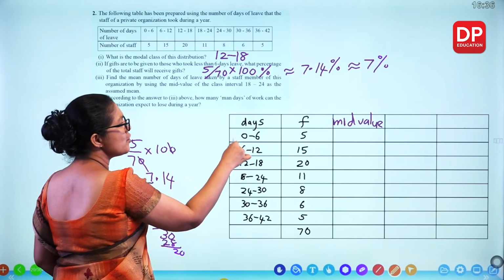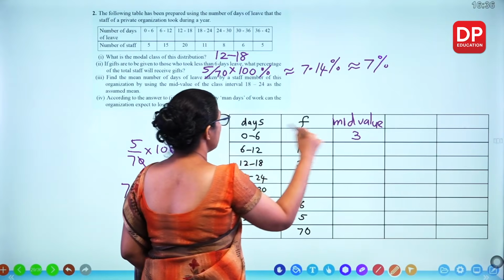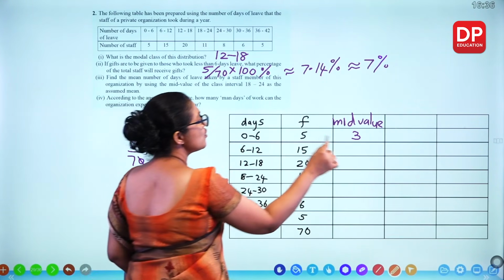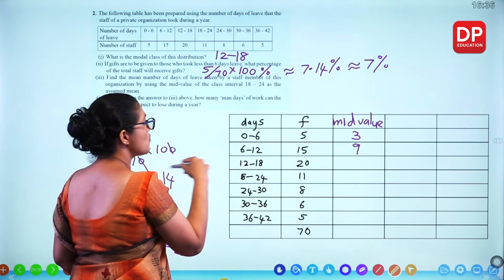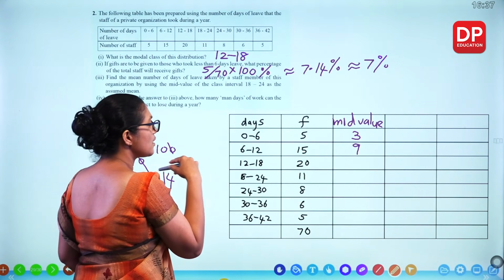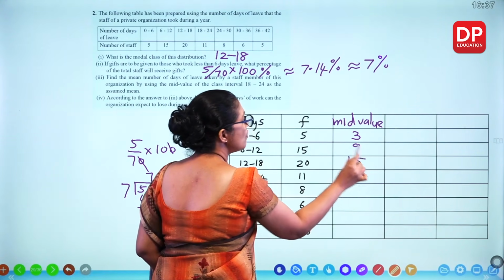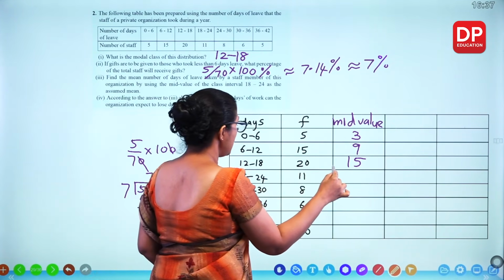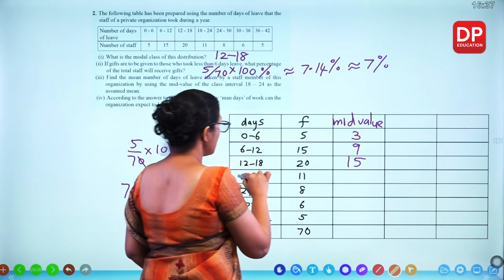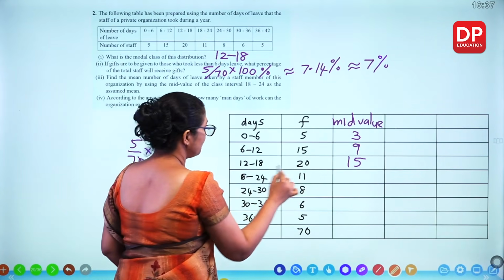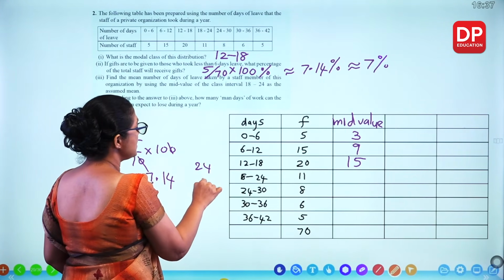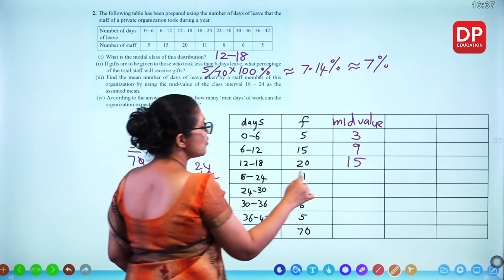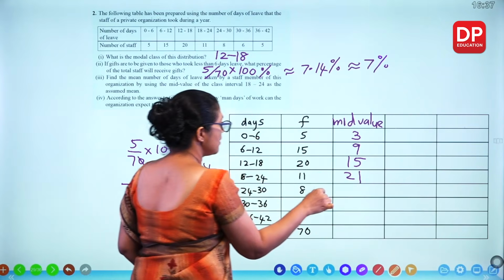Add and divide by 2. 18 divided by 2, 9. 30 divided by 2, 15. 18 plus 24, 42 divided by 2, 21.